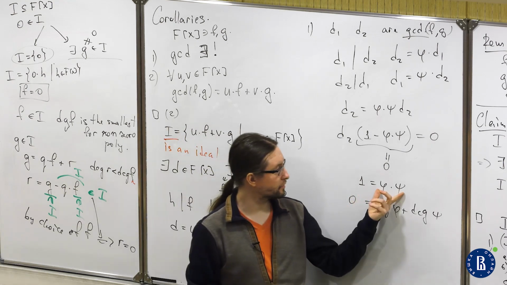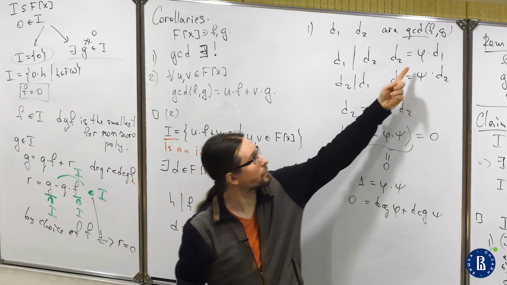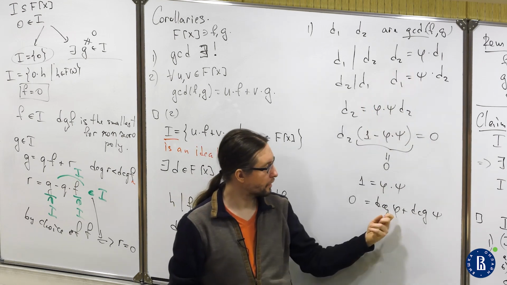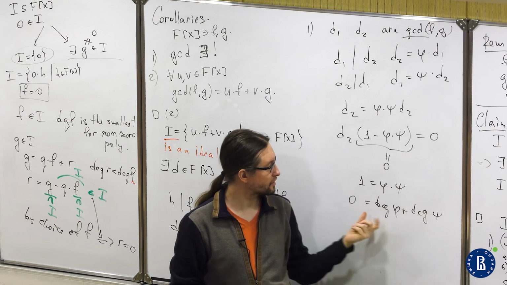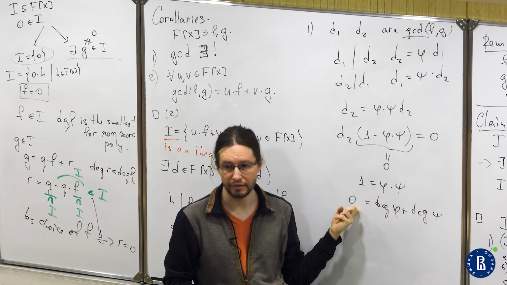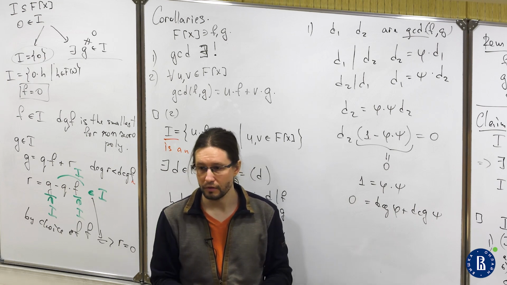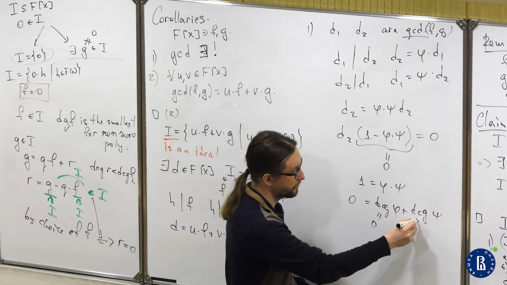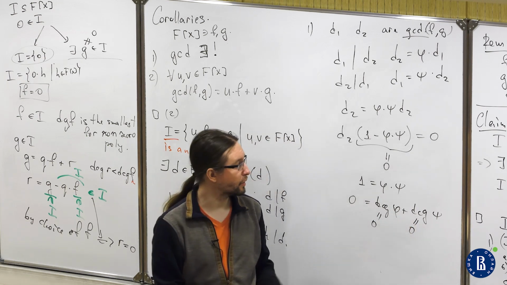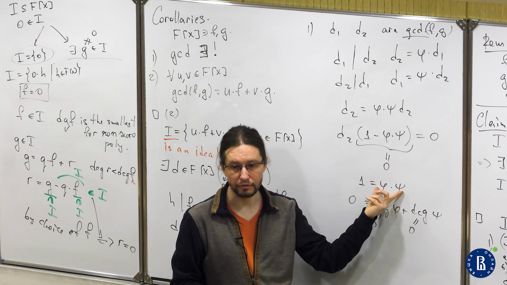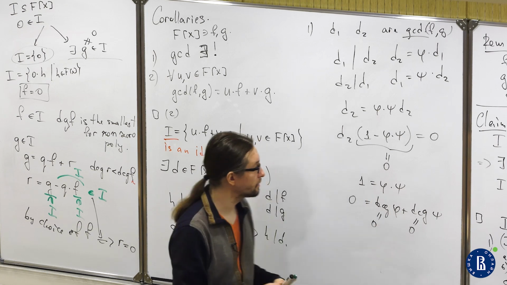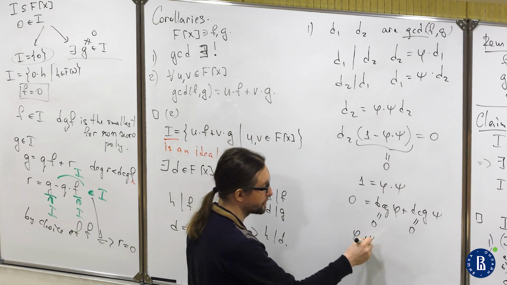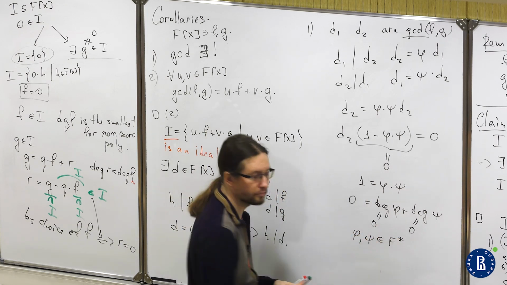And since they're non-zero, these are natural numbers such that the sum of natural numbers is 0. So the only option is that they are both 0. So these are polynomials of degree 0. So they're just numbers. So phi and psi are non-zero numbers.